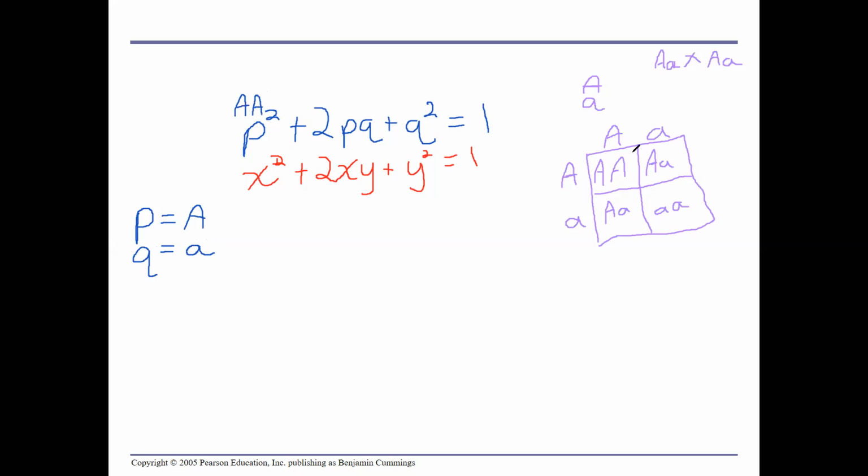Dominant A squared. I've got a big A and a little a, and I've got one and two of them. And then I've got two little a's here, so that'd be little a squared. So see how this equation represents our Punnett square?